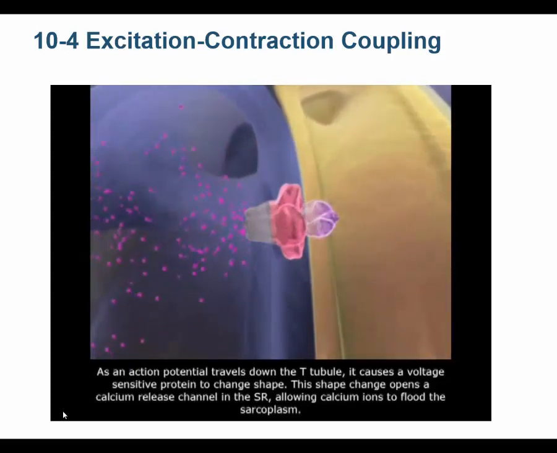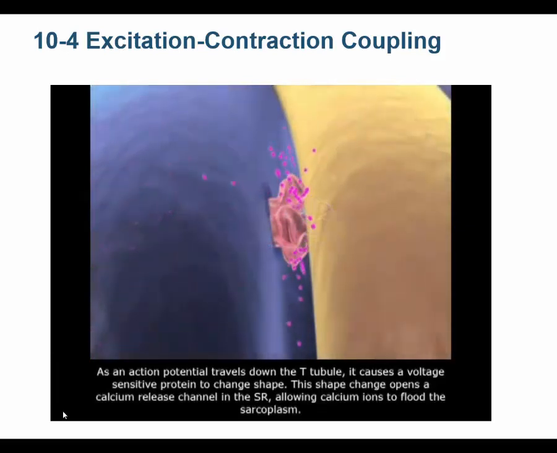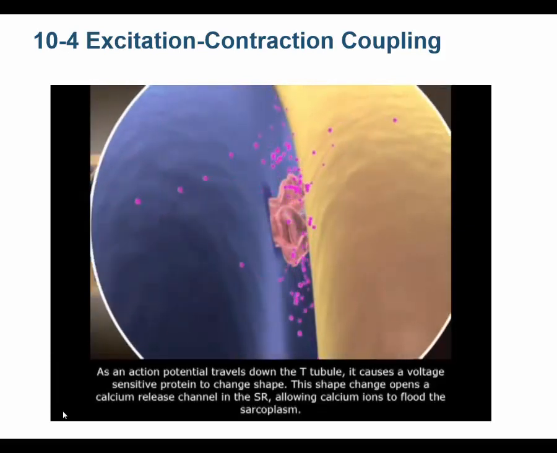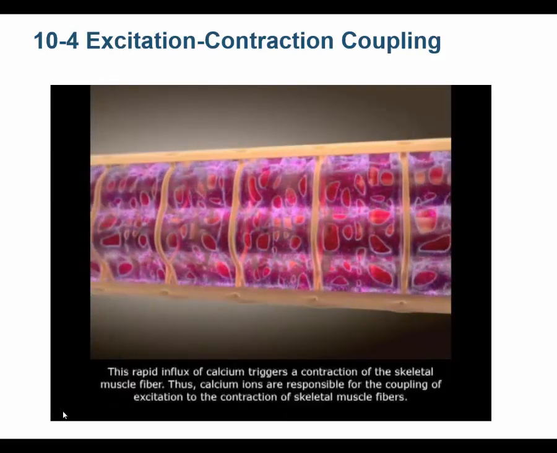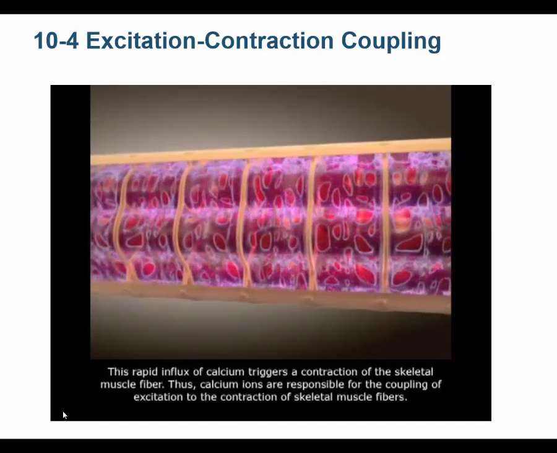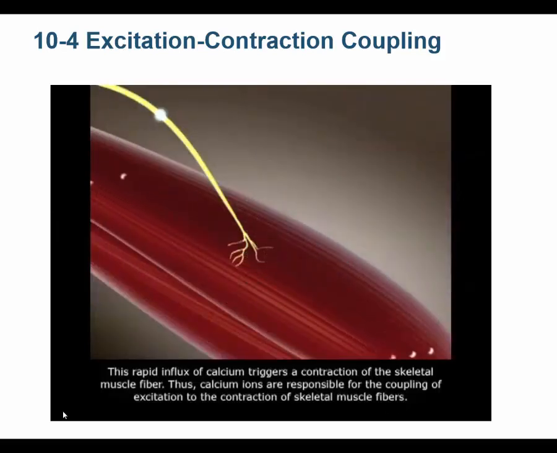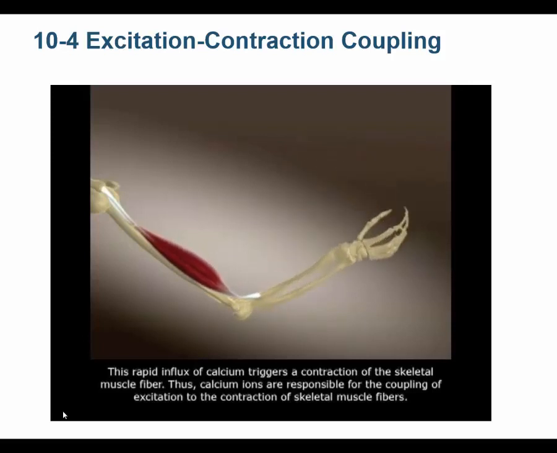This shape change opens a calcium release channel in the SR, allowing calcium ions to flood the sarcoplasm. This rapid influx of calcium triggers a contraction of the skeletal muscle fiber. Thus, calcium ions are responsible for the coupling of excitation to the contraction of skeletal muscle fibers.